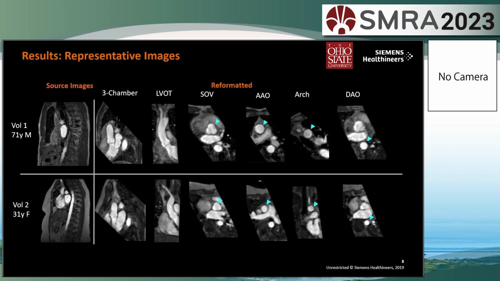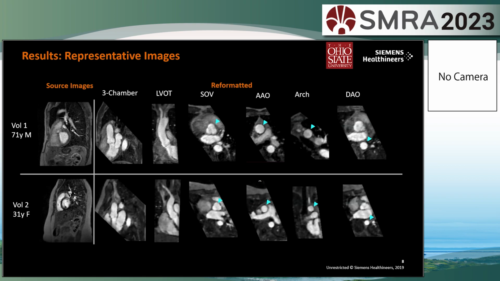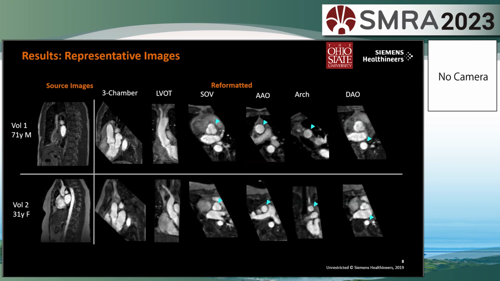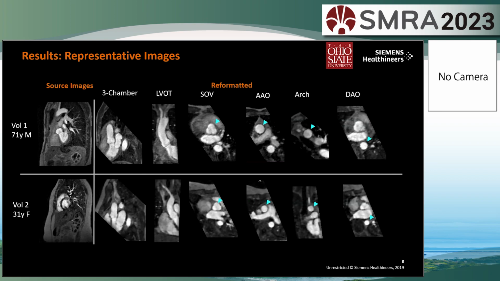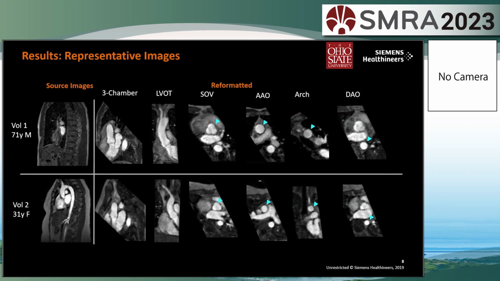So let's look at some results. Here are the representative results from 2 healthy volunteers. Here are the source images, and then we reformatted the source images into different orientations: 3-chamber, LVOT, SOV, ascending aorta, arch, and descending aorta.